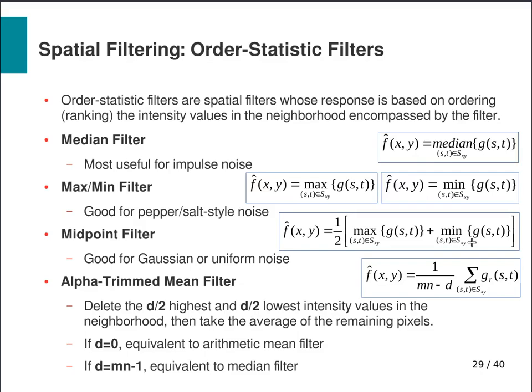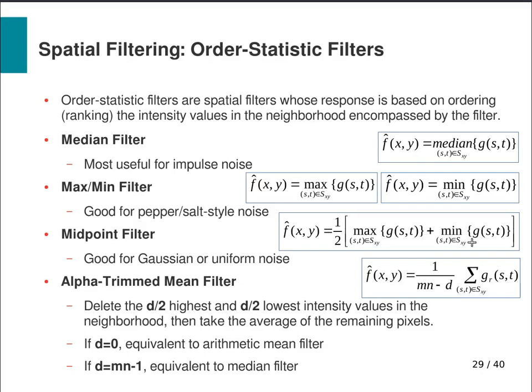You have seen the example of a median filter before. To calculate the median filter, you decide on the size of the neighborhood, you get the intensity values in that neighborhood, and then you rank them or order them from smaller to larger or vice versa.